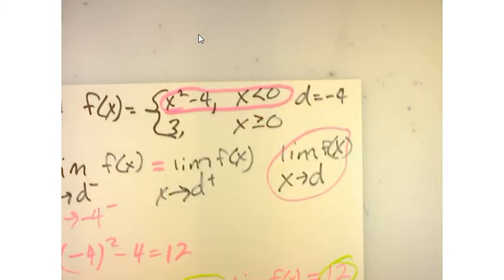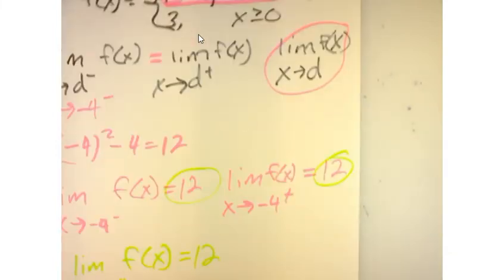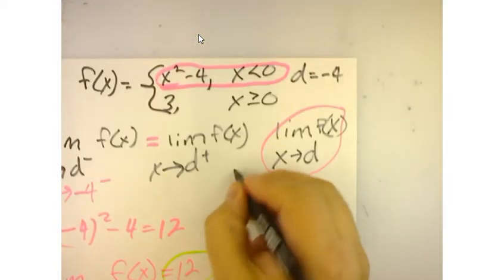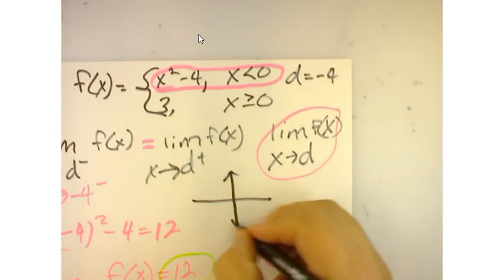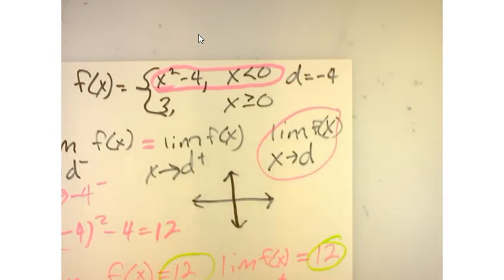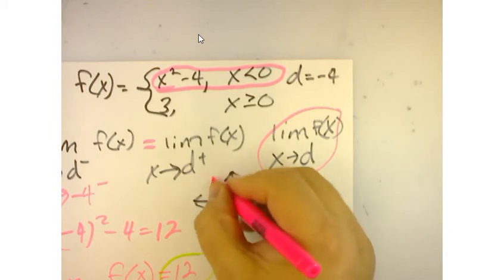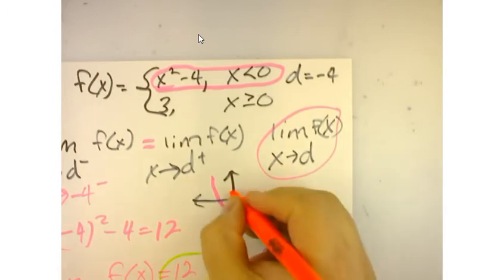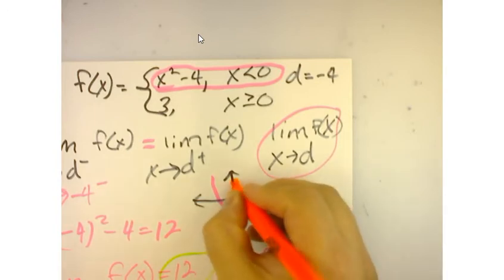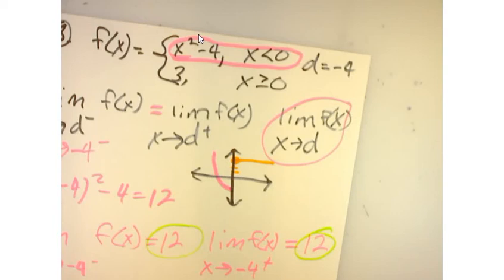Now if I were to graph that piecewise function, this is actually what it would look like. It would come down to about right here, and then at 3, that's what the function would actually look like.